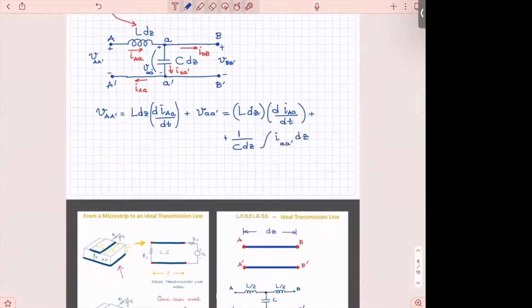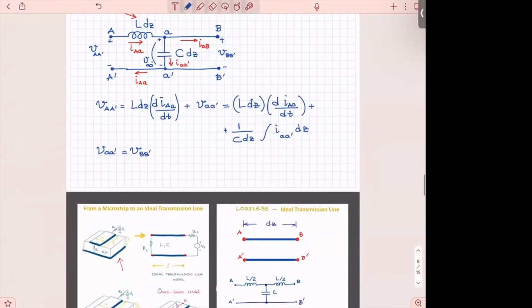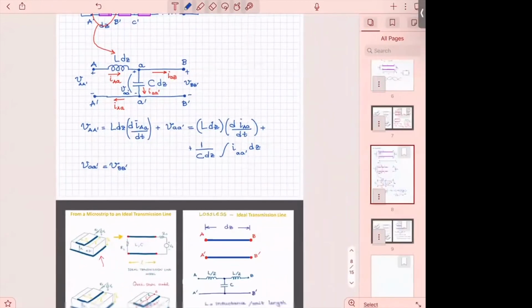And then I will also have, on the other side, that V A prime is going to be equal to V B prime. I don't know whether I will need that for the moment, let me keep it there. And then I have also Kirchhoff's current law. I mean that at these points, let me add one more page.